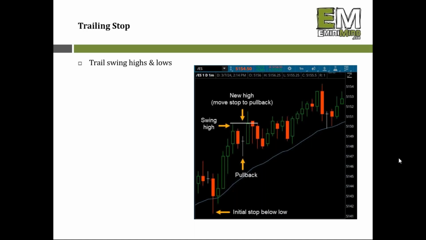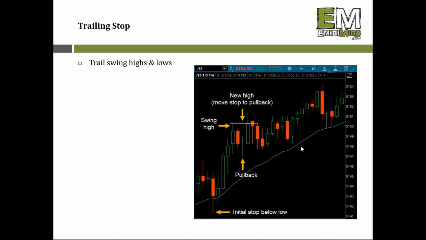And then the best part about this approach is if you can get to a couple contracts with the E-minis, or even start on a practice account, then move to the micros, and then move to the minis. But if you can be trading at least 2 contracts, then you can have one contract dedicated to this trail approach.